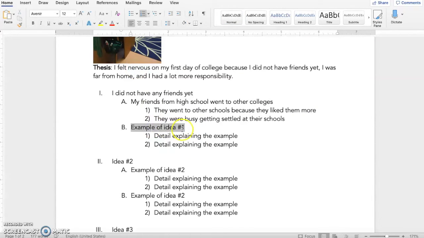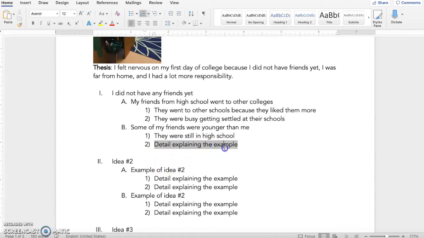So another example is, not only did some of my friends go to other colleges, some of my friends were younger than me. So what does that have to do with me not having friends at college yet? Well, they were still in high school.